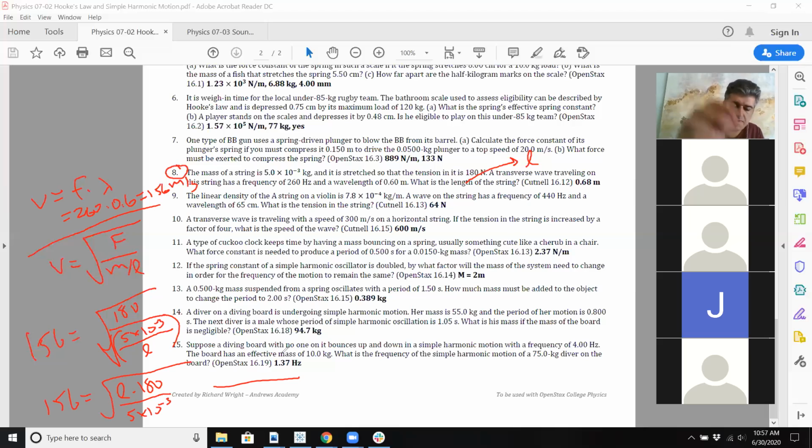Square both sides, and you get L times 180 over... and multiply it by 5e negative 3, divided by 180, and I get 0.676 for L. So that gets us the length of the string.